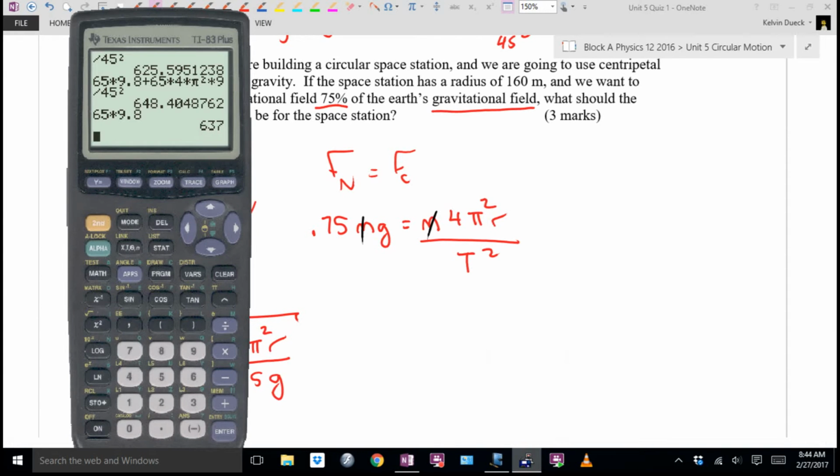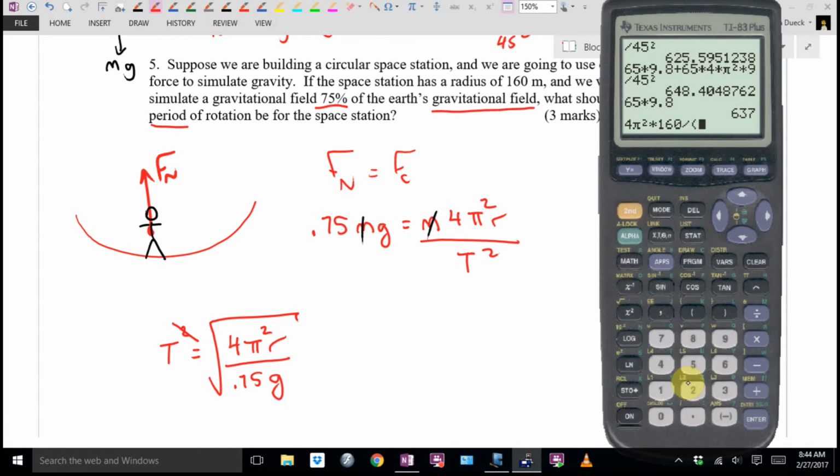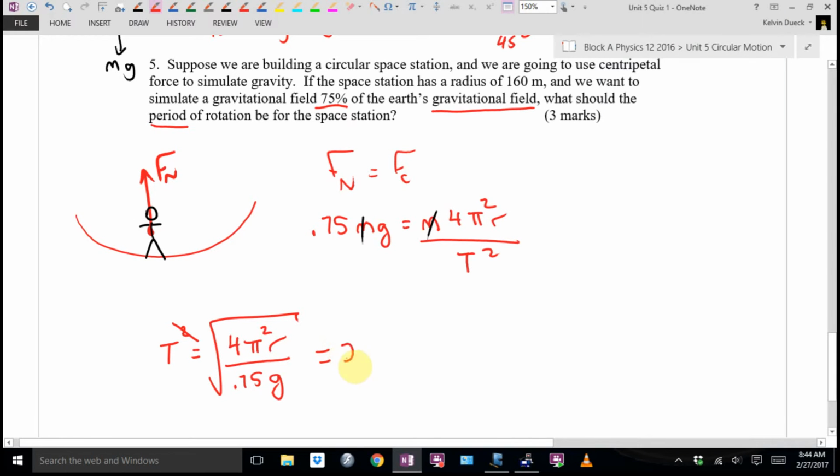So it's going to be 4 pi squared times 160 divided by 0.75 times 9.8, square root of that, 29.3, is that right? 29.3 seconds.